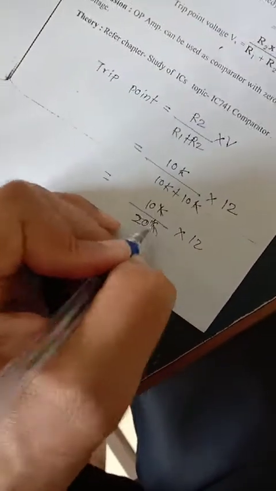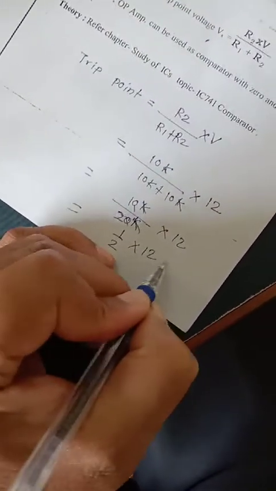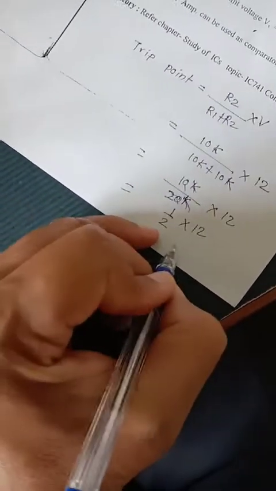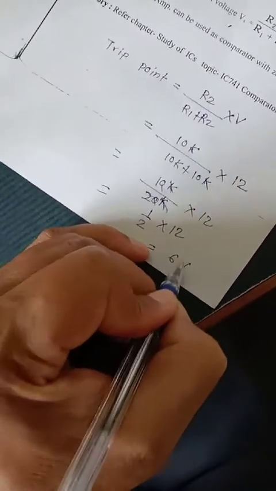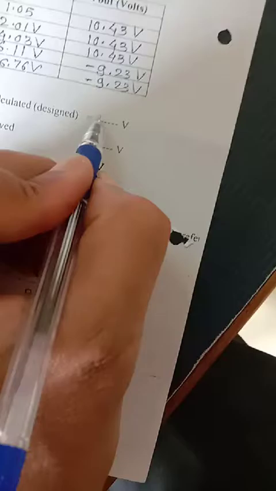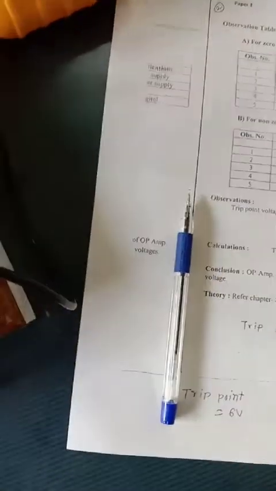The k's cancel and the zeros cancel, so it is 1/2 into 12, that is 12 upon 2, which is 6 volt. So the trip point is equal to 6 volt. Okay, so in this way this experiment can be performed. Now we will stop here.